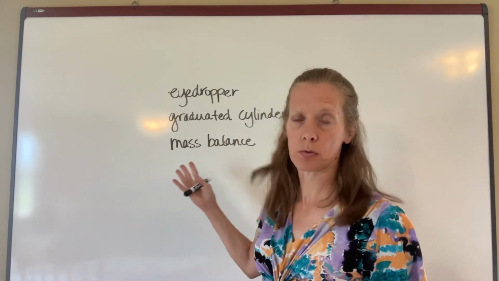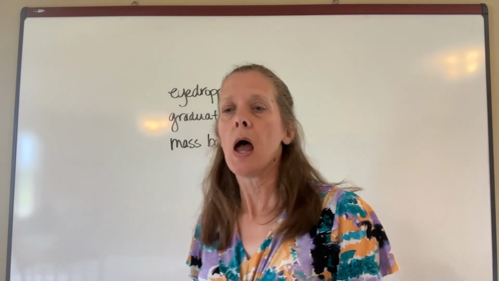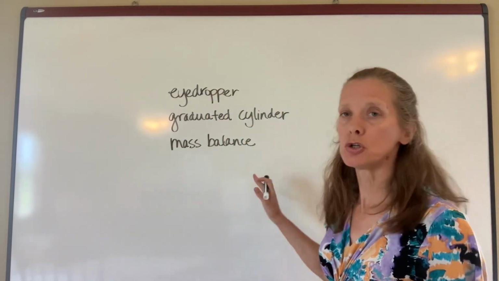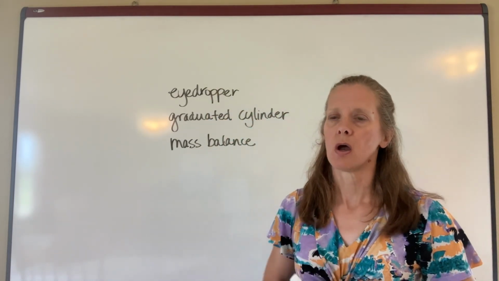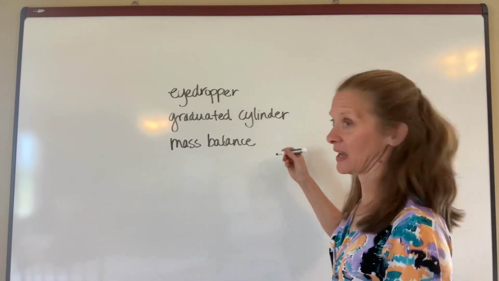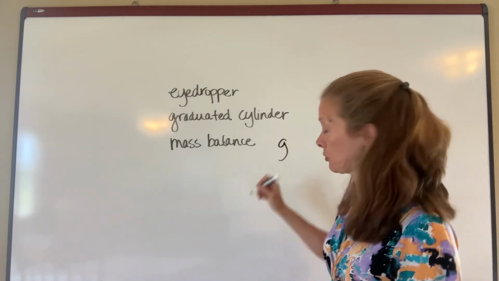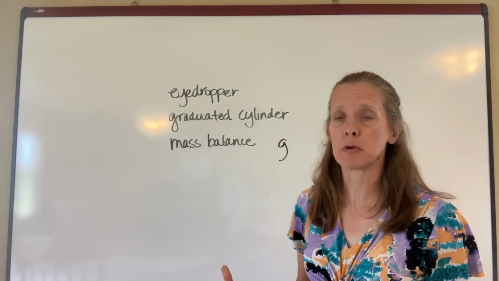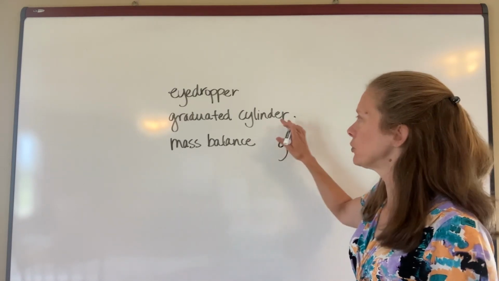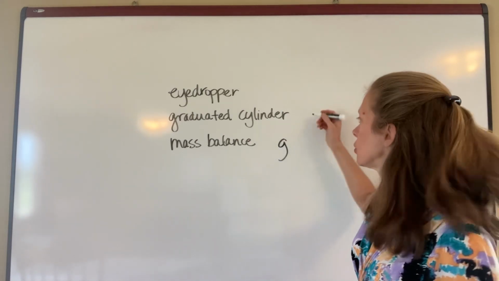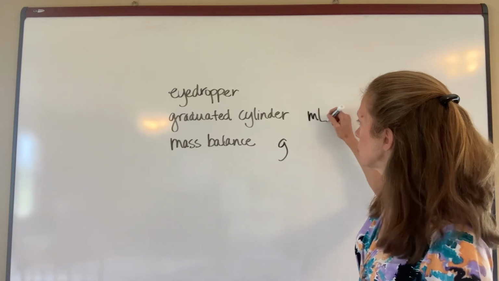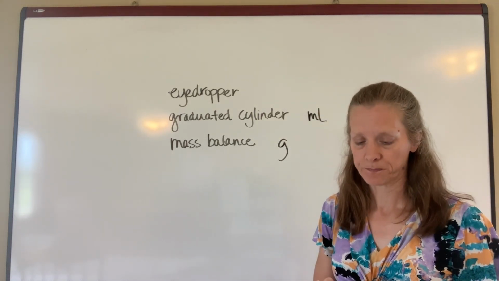And you're allowed to use water too, of course. With the mass balance, it should be obvious that you're going to be able to measure mass, and your mass is going to be measured in grams. If you're using a graduated cylinder, you're going to be able to measure a volume in milliliters.